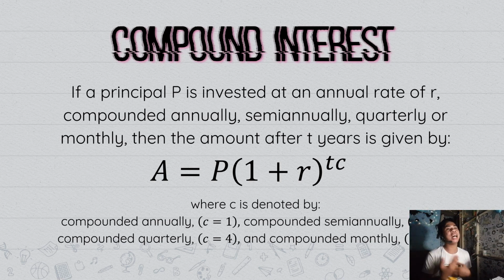So if it's compounded annually, C would be 1. Compounded quarterly, C is 4. Compounded semi-annually, C is 2. And compounded monthly, C is 12.